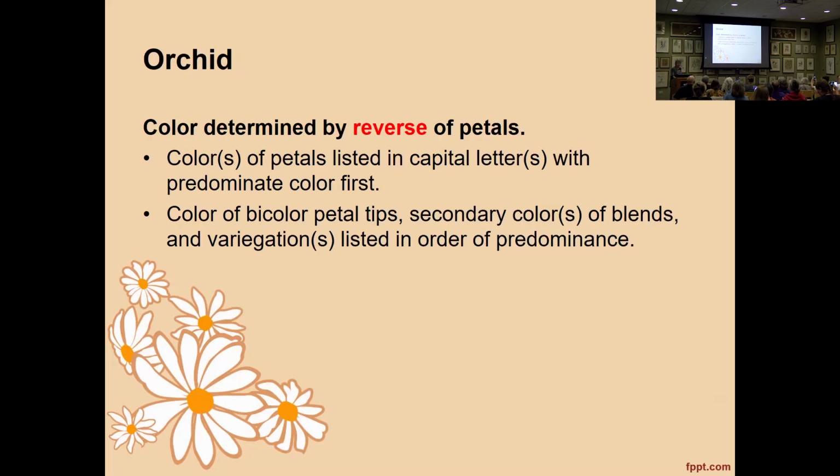Orchid. These are always really fun. The color is determined by the reverse of the petals. The colors of the petals are listed in capital letters with the predominant color first. The color of bicolor petal tips, secondary colors of blends, and variegations are listed in order of predominance.